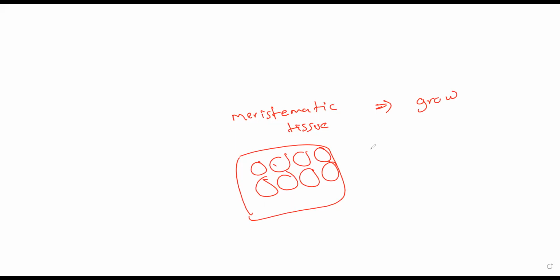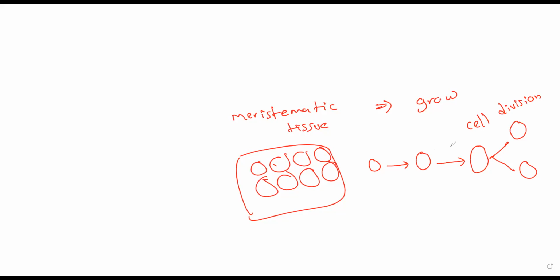Now the cells are growing, little by little. At one point, what will happen? They will start to divide. The cell will grow first and then they will start to divide. So for that we say cell division. You all have studied about cell division in grade 10, no children?